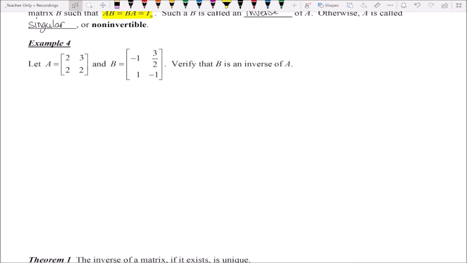Let's first take A times B. So this is 2, 3, 2, 2 times negative 1, 3 halves, 1, negative 1.